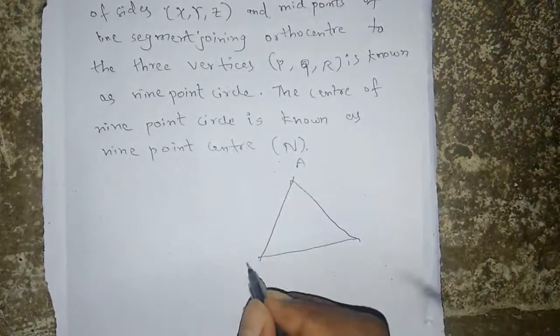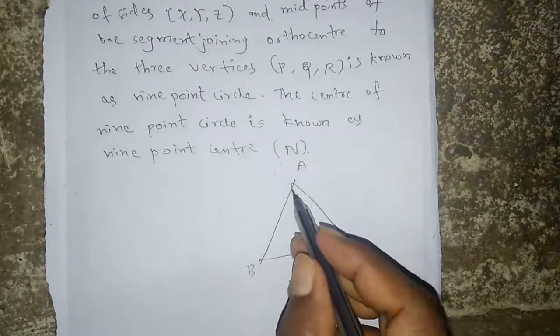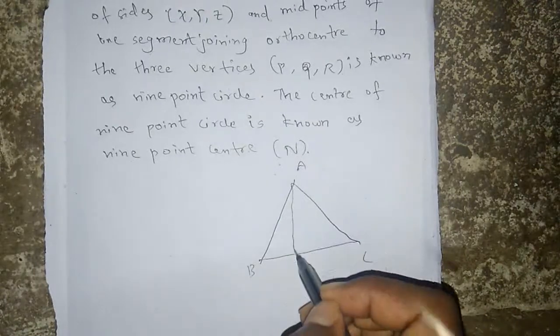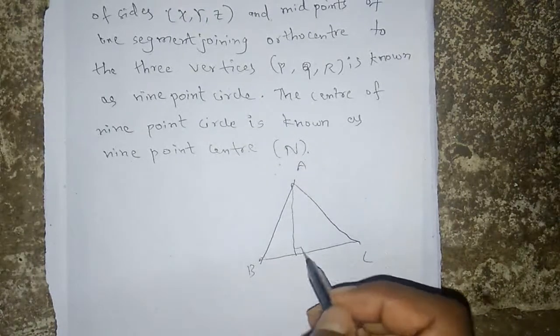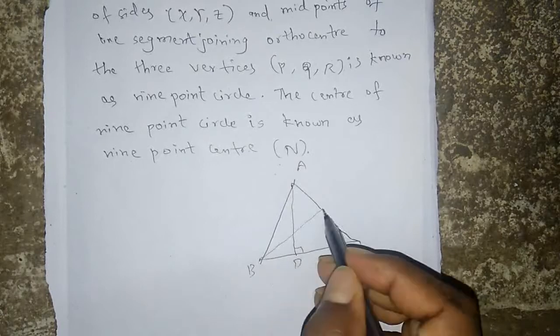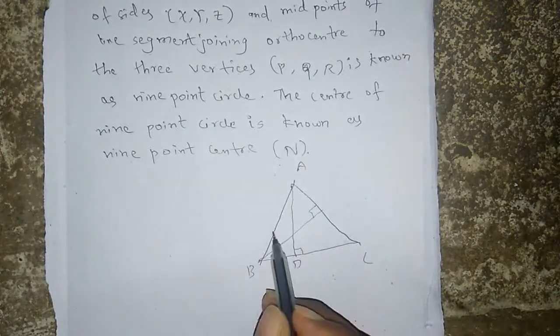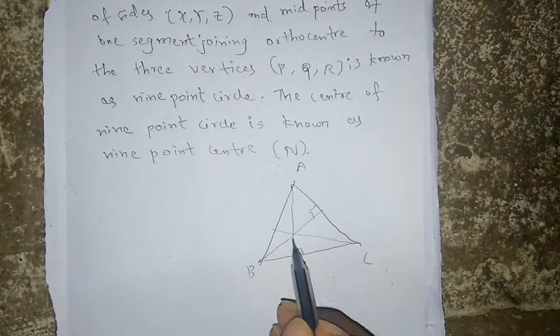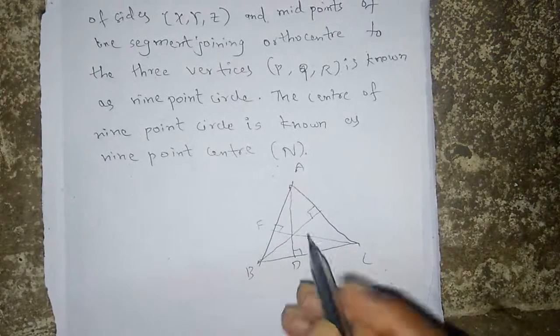Let this be a triangle ABC. AD, BE, CF are altitudes.